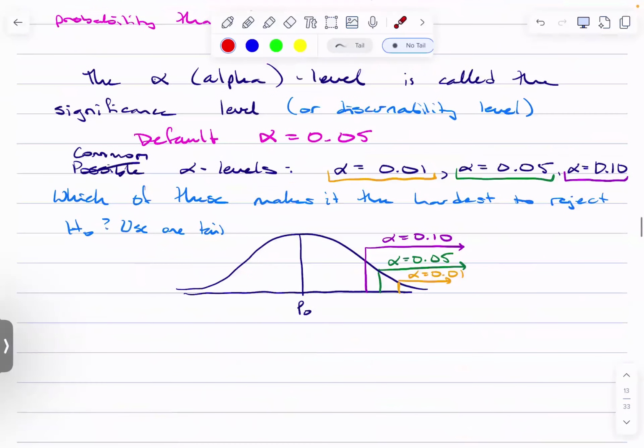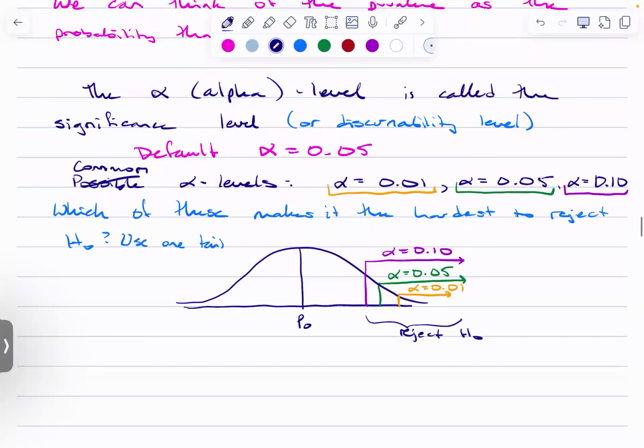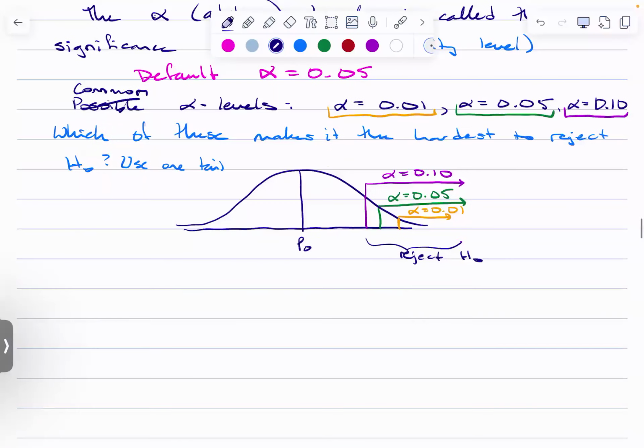And so here, this area, we're going to end up rejecting H naught, depending on what level. Once you pass this threshold, depending on what you set it at, then you're going to reject H naught. Here, we're going to say we fail to reject H naught.